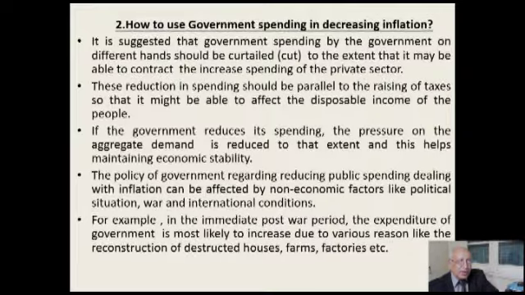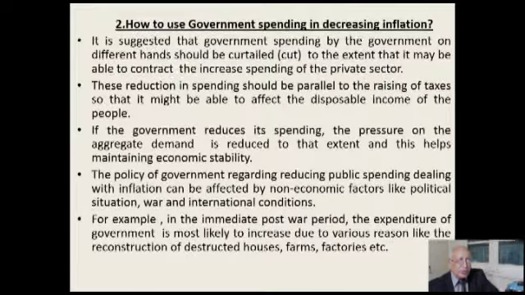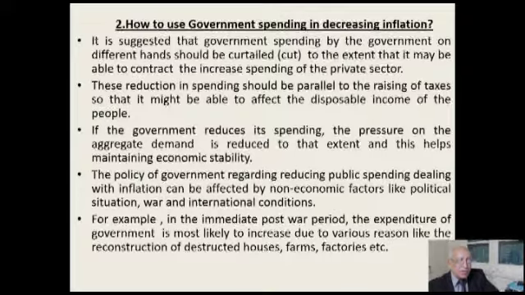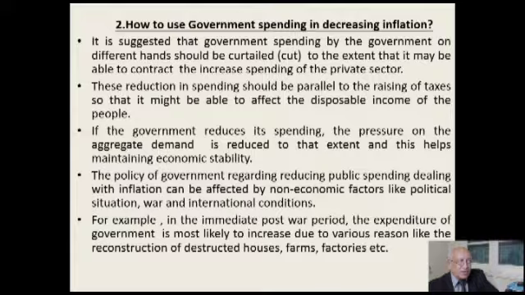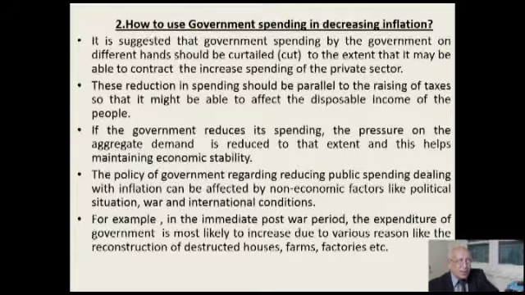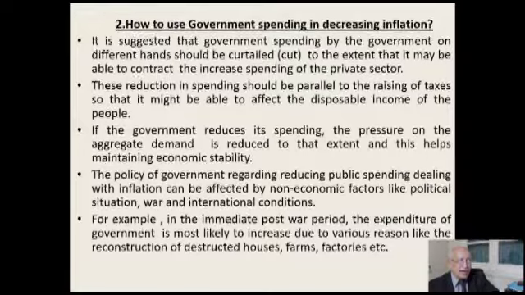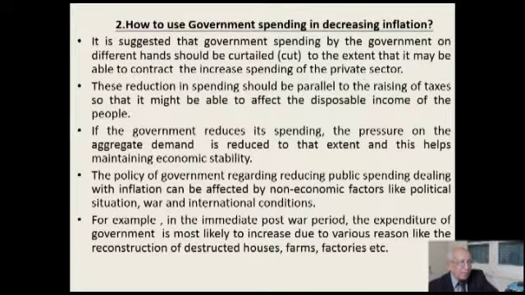This reduction in spending should be parallel to raising taxes so that it might affect the disposable income of the people. If the government reduces its spending, the pressure on aggregate demand is reduced to that extent, and this helps maintain economic stability.